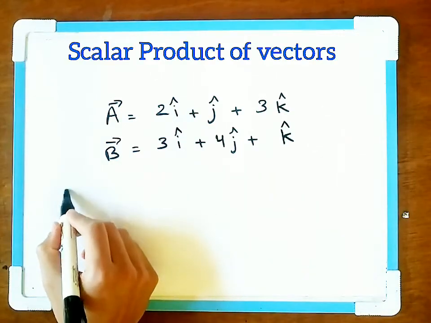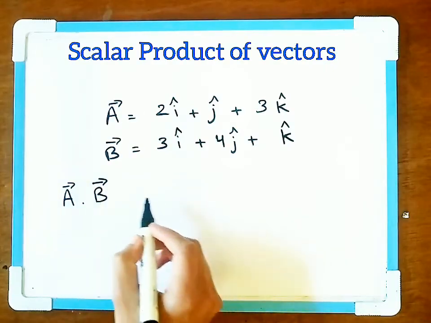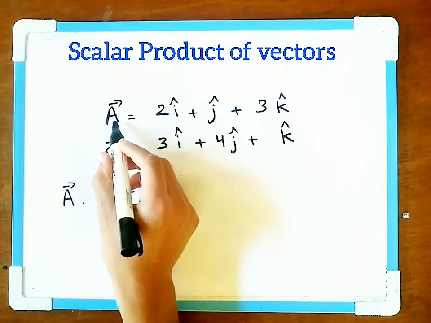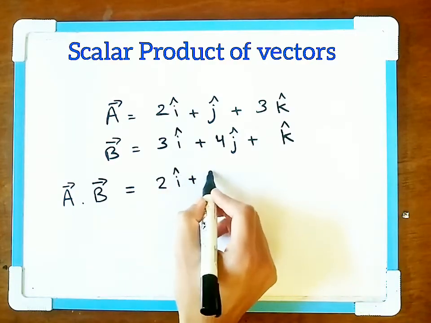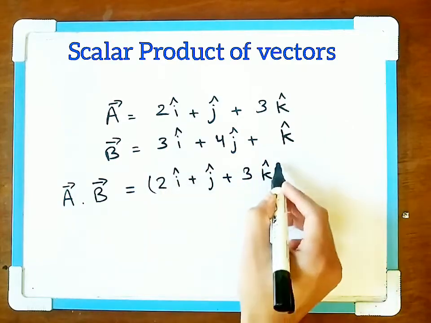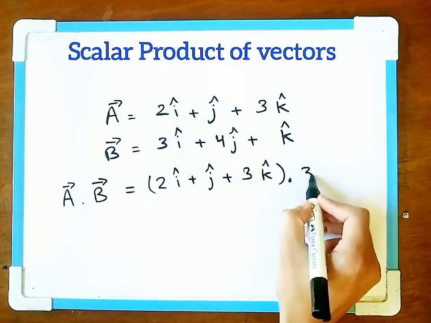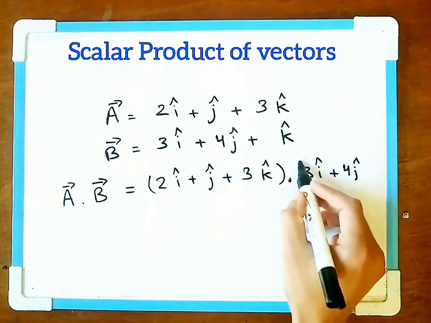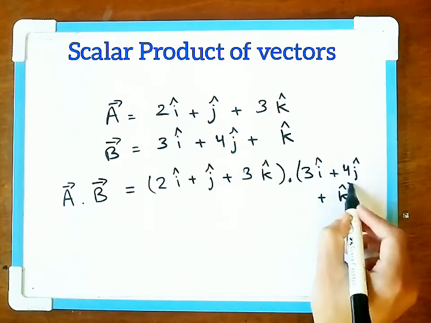Then we have a dot b, which is the scalar product. Now this is equal to, we have to take first this one, 2i cap plus j cap plus 3k cap, then dot of this 3i cap plus 4j cap plus k cap.